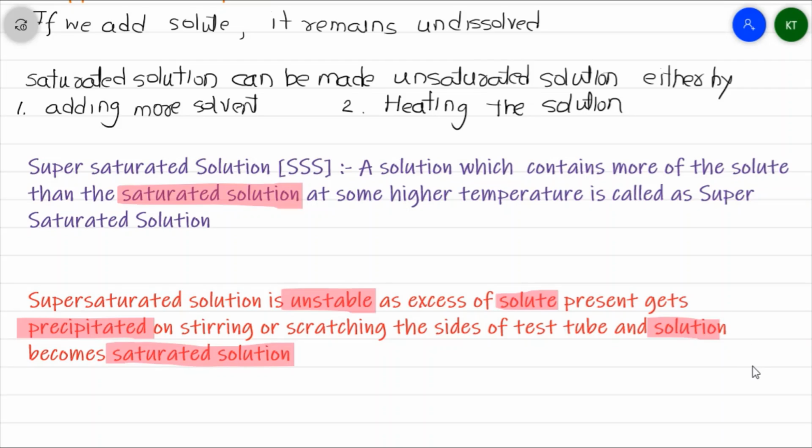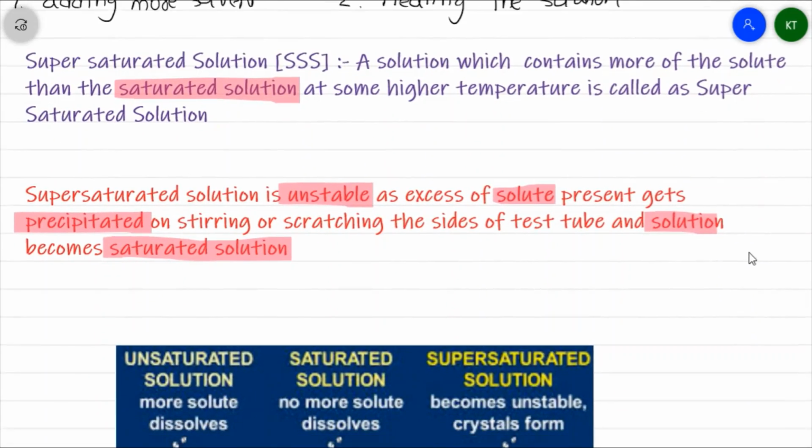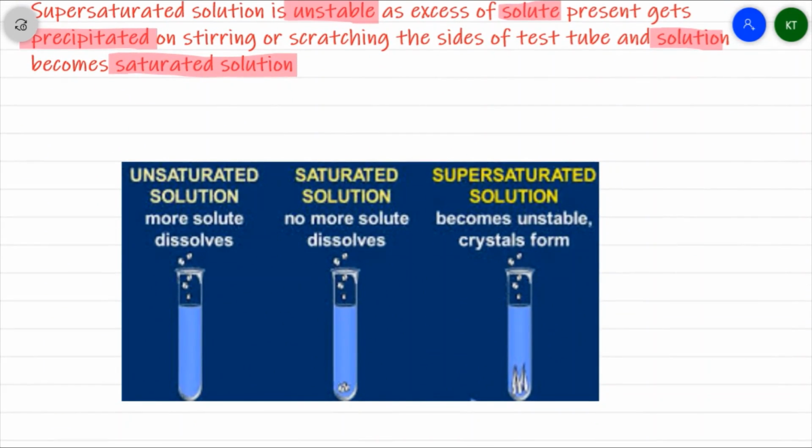So how do we diagrammatically represent these three solutions? Just take a look here. I have an unsaturated solution, I can add more solute. A saturated solution, no more solute can dissolve. That means even if I add solute, it practically remains undissolved, so you can see particles.